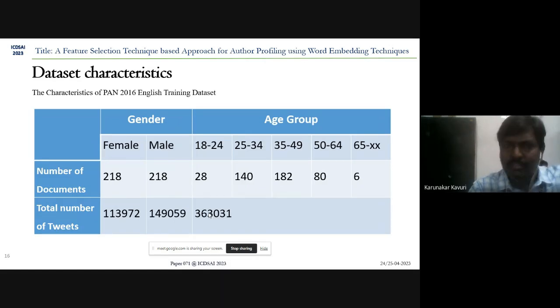Here also, the number of documents related to one author having a number of tweets: 2018 related to female, and 2018 related to male, and those 2018 consist of a number of internal tweets, given as this number.